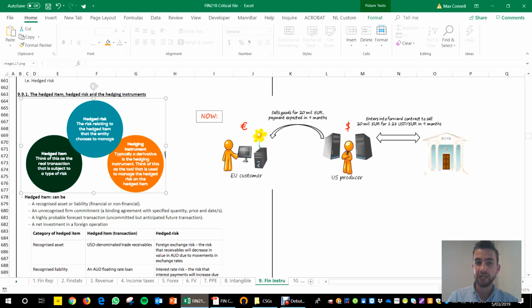However, you're going to make an economic gain. Notice that I'm saying economic, not accounting. You're going to have an economic gain because now your forward contract is going to reimburse you. You've actually made a gain on that difference.